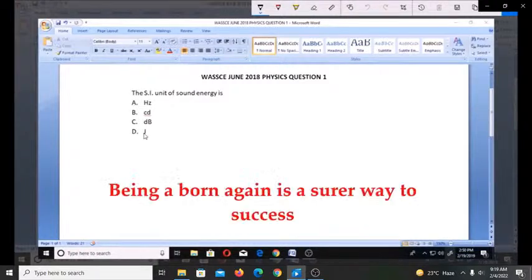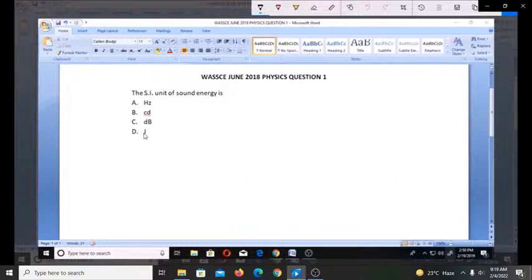Now, for us to understand this very well, we need to take note of a very important aspect of solving this problem. Now, the SI unit for energy in general is joules.